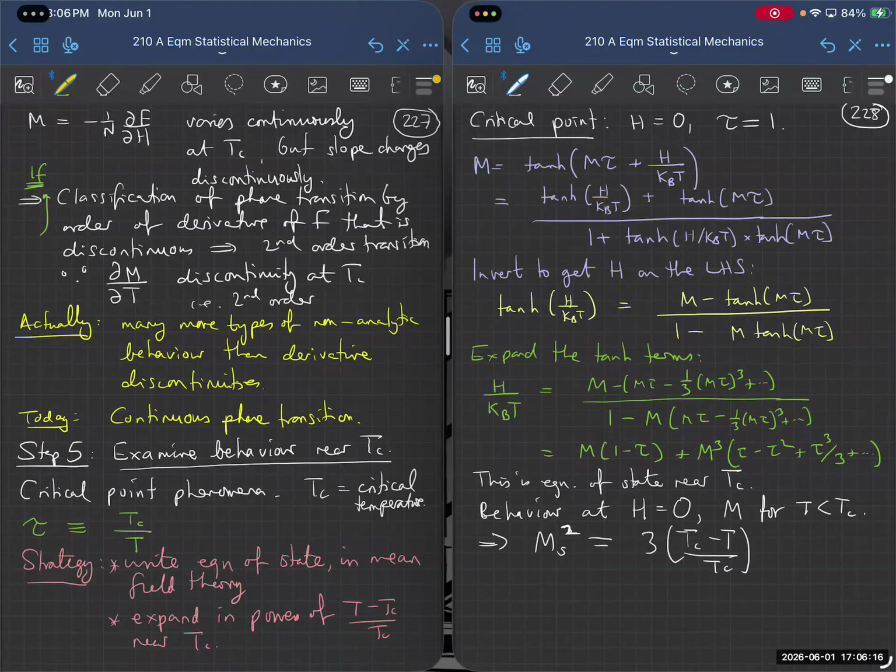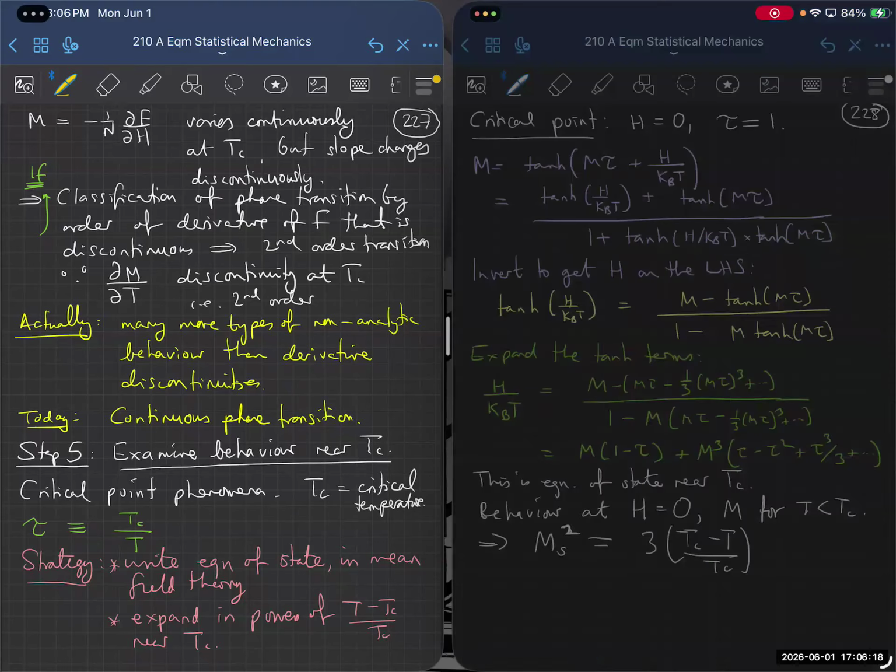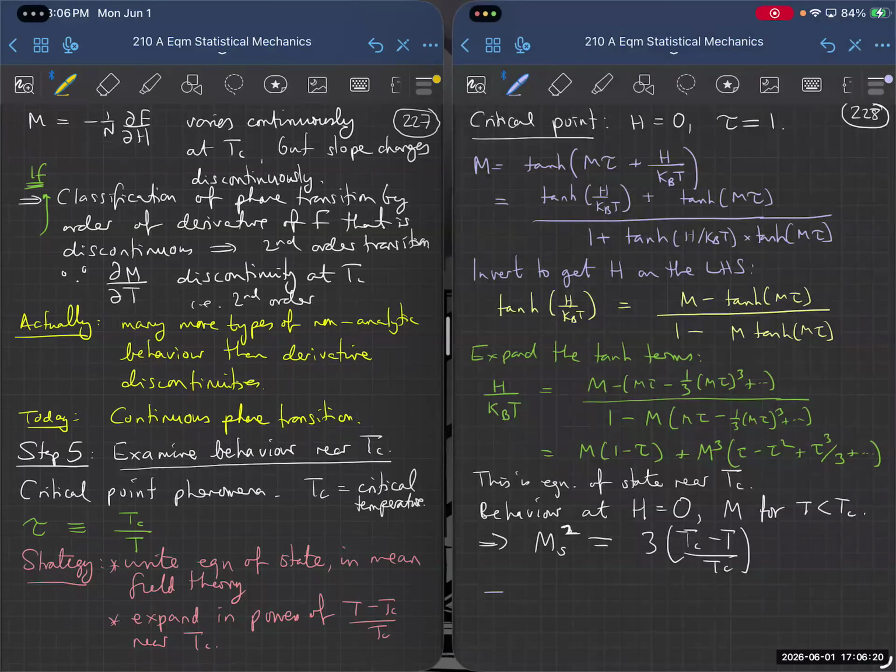So there's some algebra there. And so what we've learnt is that MS as a function of T goes like Tc minus T over Tc to the power beta, and this exponent beta is equal to 1/2. So that's the behavior near the critical point.